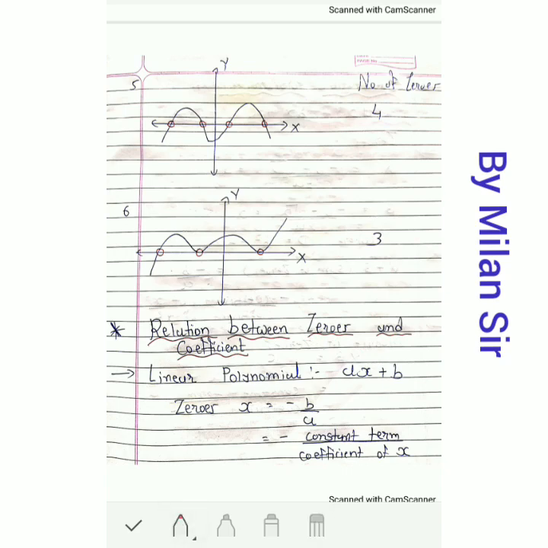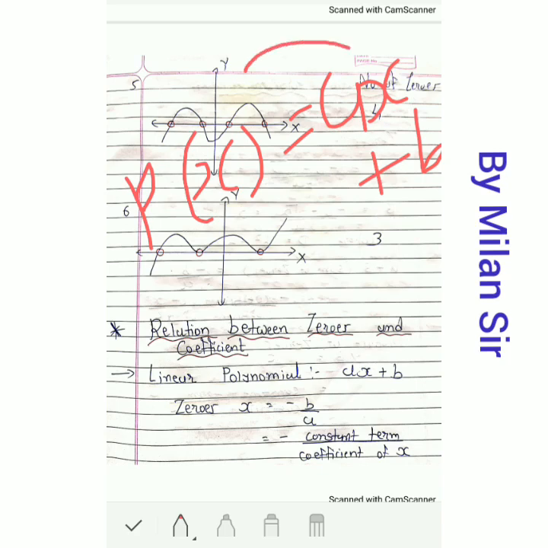If we want to find the zeros of a linear polynomial, then we can write p of x is equal to ax plus b. Now what is the definition of zeros? It gives the value of x for which the value of p of x becomes 0.